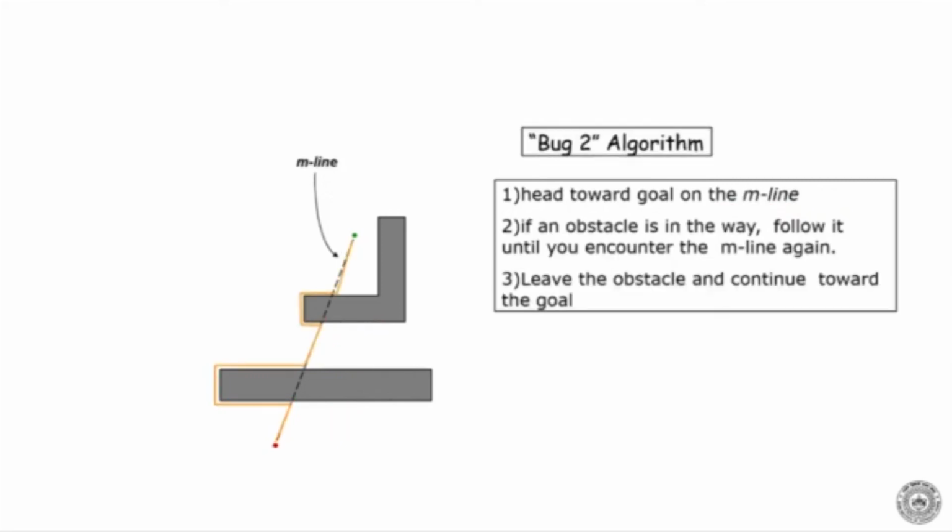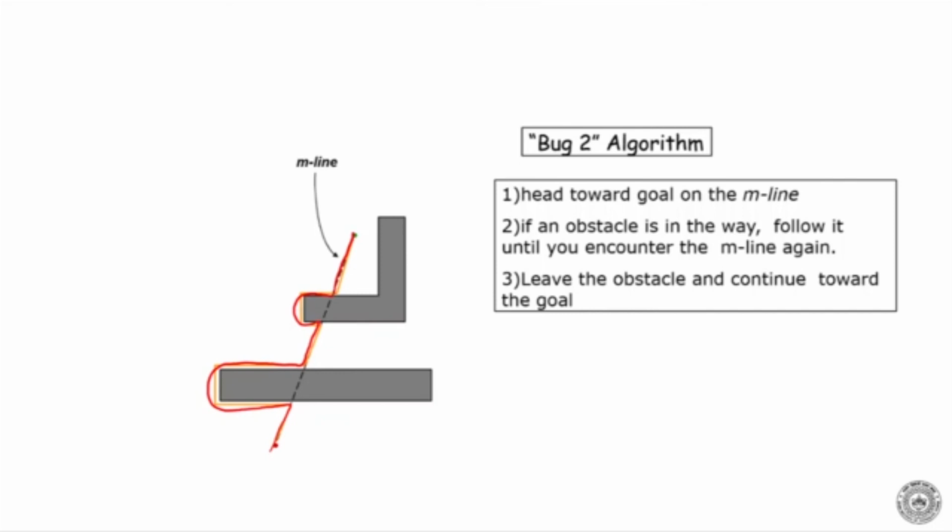From Q2 hit, it circumnavigates on the left side like this and goes there. This was much faster because it did not circumnavigate fully. So this is the Bug 2 algorithm, where we follow a line which is called the M line. The moment you hit the obstacle, you circumnavigate until you hit the line.